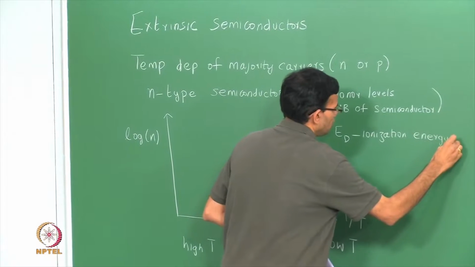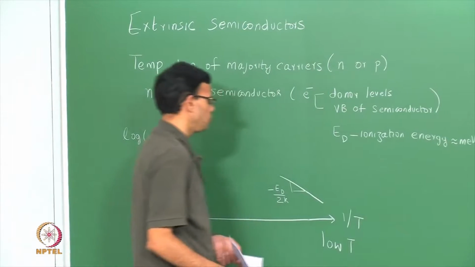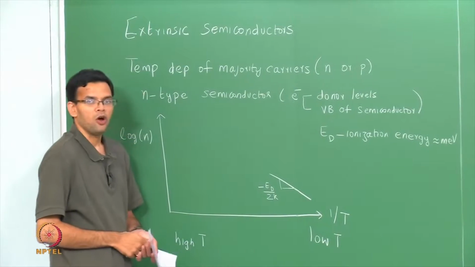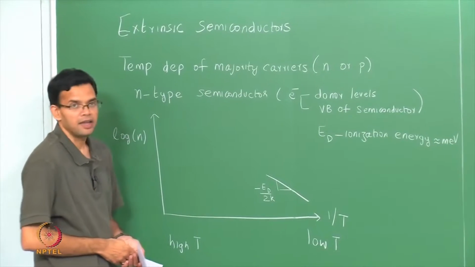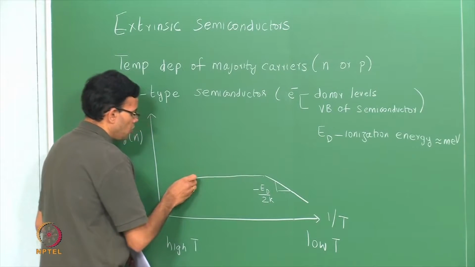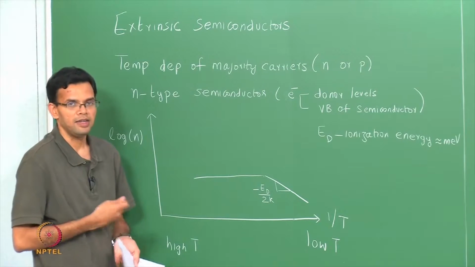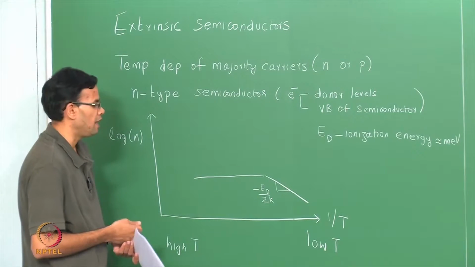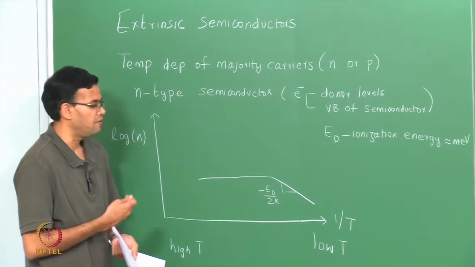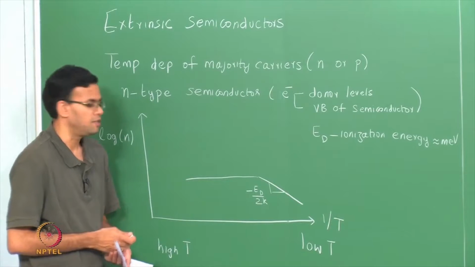We also saw that this is typically of the order of milli electron volts. Once all the donor atoms are ionized, we have a regime where the electron concentration is more or less constant. And then at high temperature, we find that we have electrons that come from the valence band, and your extrinsic semiconductor behaves like an intrinsic one.